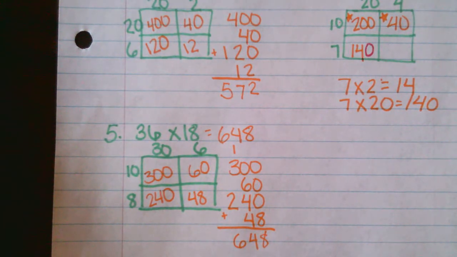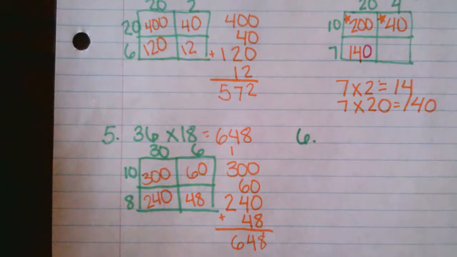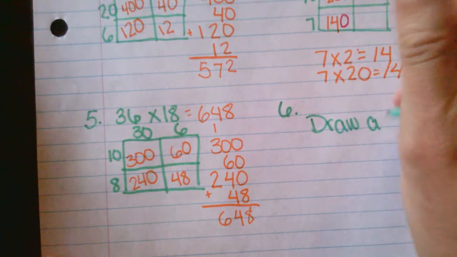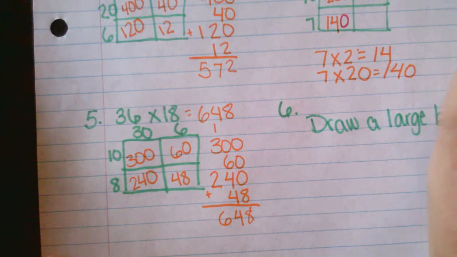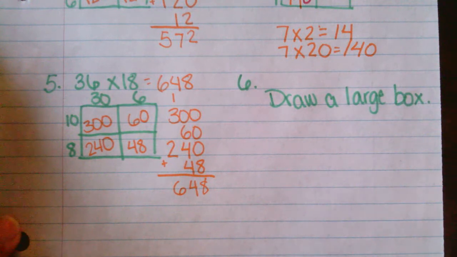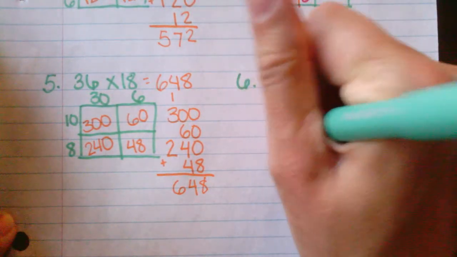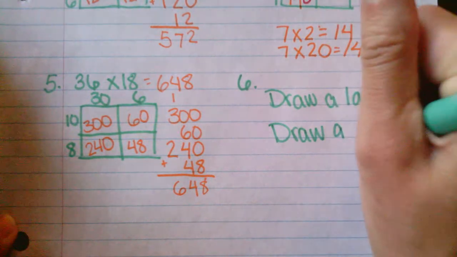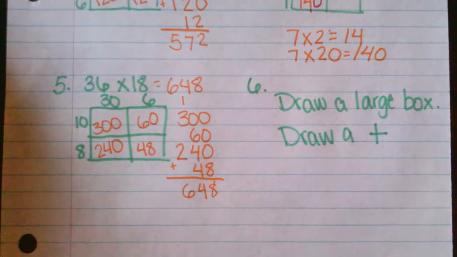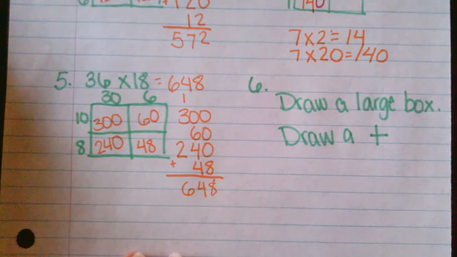Last problem, number 6. Describe how to model a 2-digit by 2-digit using box method. So number 6, my first step would be to draw a large box. And then I draw a T through it so that I have 4 boxes. Okay, draw that T. And then I need to write the value of each digit in expanded form.